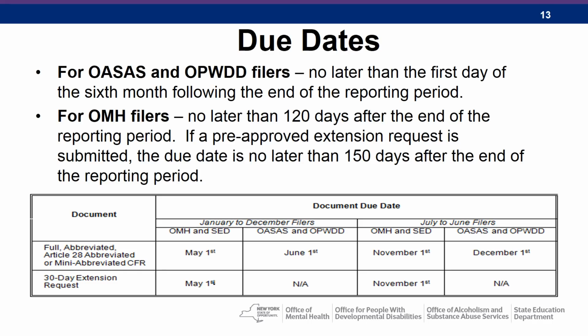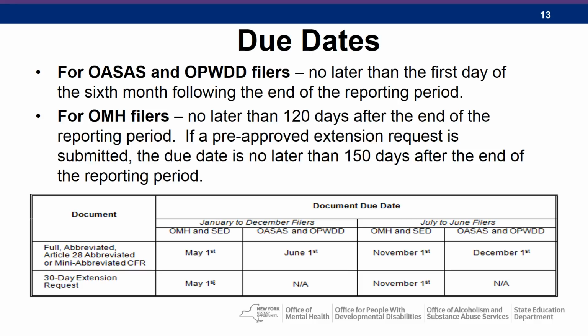If the end date of your CFR is June 30th, the due date for filing with OMH is November 1st, although you can go online to request an automatic extension to December 1st. For OASAS and OPWDD, the due date is December 1, and no extension is required or available beyond that date.